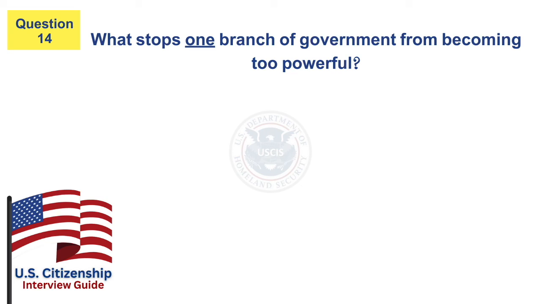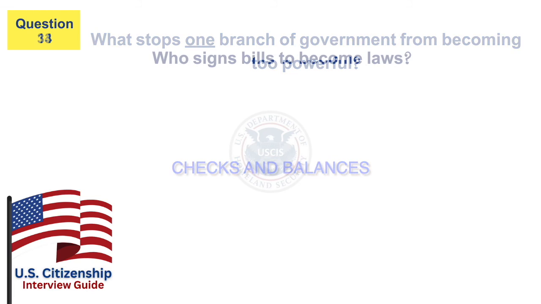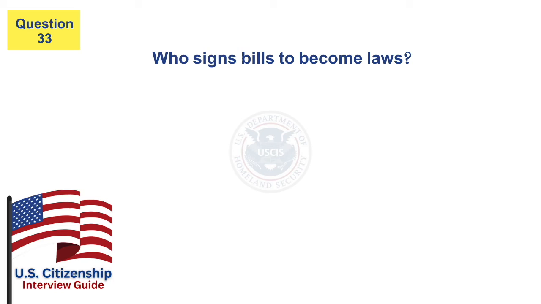What stops one branch of government from becoming too powerful? Checks and balances. Who signs bills to become laws?